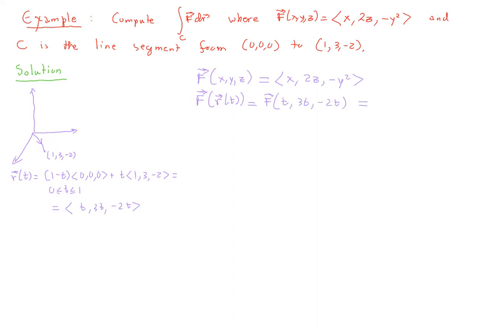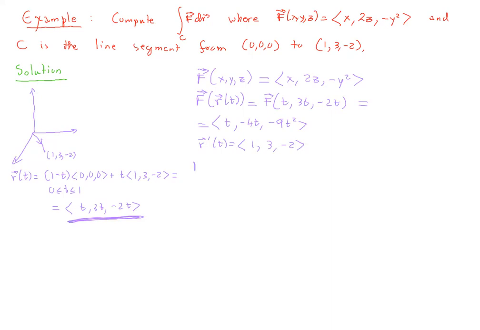Now I'm going to replace x by t, so that will give me t here; z by -2t, so that will give me -4t; and y by 3t, so that will give me -9t squared. And now I'm going to take the dot product with the velocity. I need to find the velocity first. This is a constant vector, so it's 1, 3, -2. How do I get this? By just taking the derivatives of the components with respect to t.